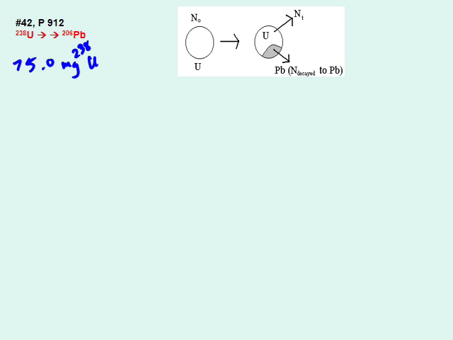That's the present day sample, and 18 milligrams of lead-206, and that's the rock sample or mineral sample that has uranium and lead. So lead has 206. I think it's hard to read this.